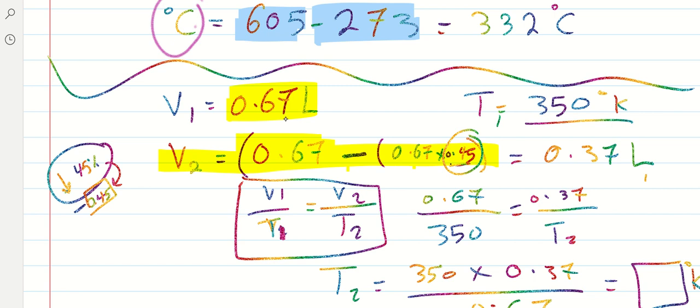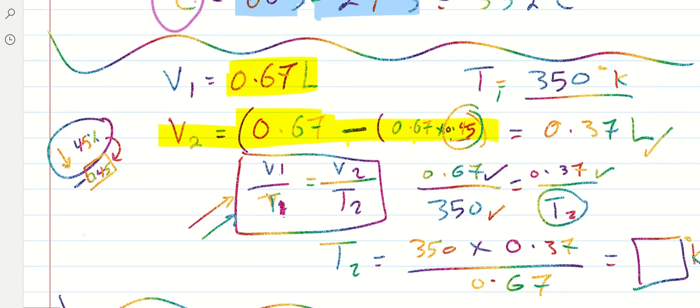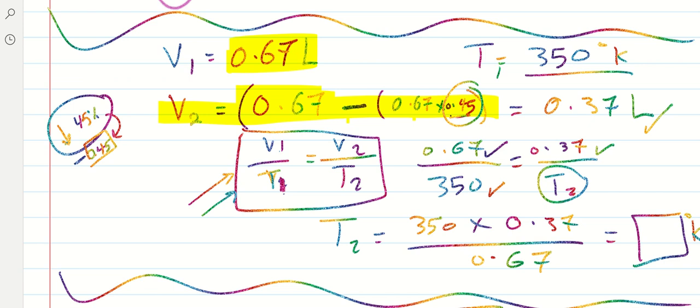This is V2. And then V1 over T1 equals V2 over T2. We have V1, T1, and V2, only one unknown. Simple calculation using cross multiplication, very easy, and the answer will be in Kelvin.